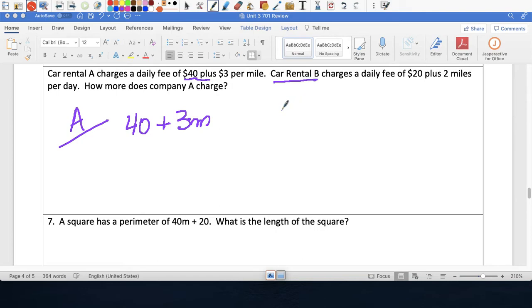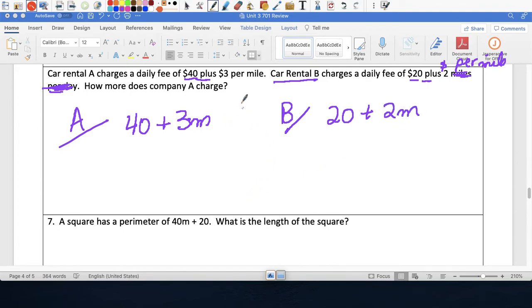Car rental B, they charge $20 plus $2 per mile. Sorry, this should have been $2 per mile, so that's written incorrectly. So this would be $20 plus $2 per mile. All right, so I'm going to take that. So 20 plus 2M.